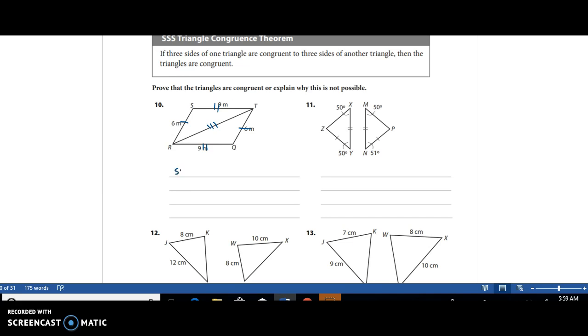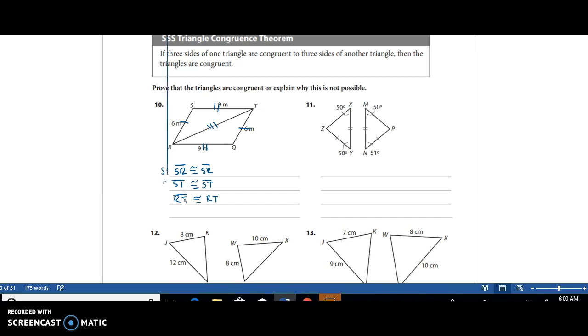So we're going to say SR is congruent to SR. ST is congruent to ST. And then RT is congruent to RT.